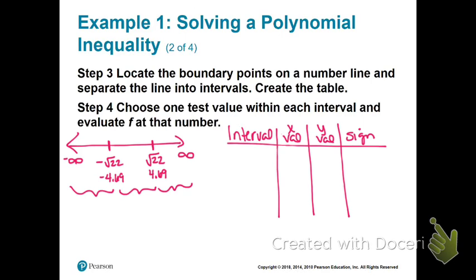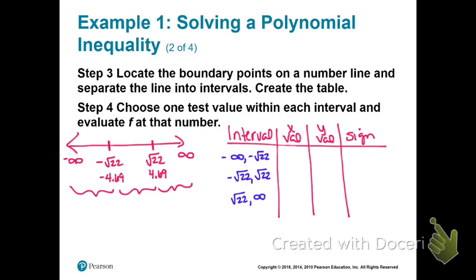The sign's really important on this lesson. All right, so we're going to put in our intervals. And so we have negative infinity to negative square root of 22. Negative square root of 22 to positive square root of 22. And positive square root of 22 to positive infinity.